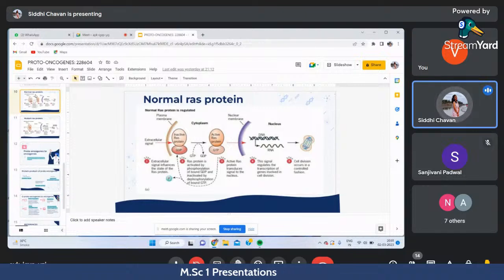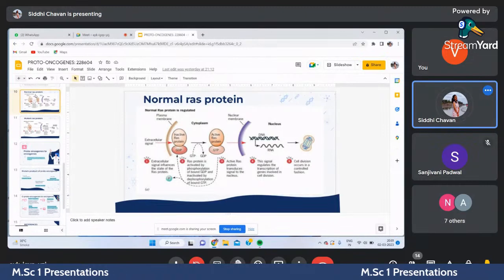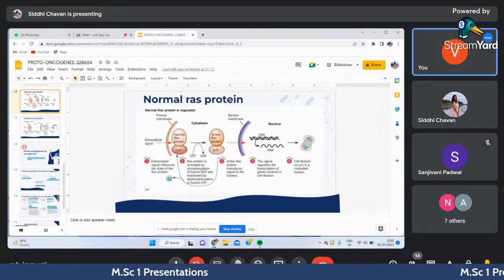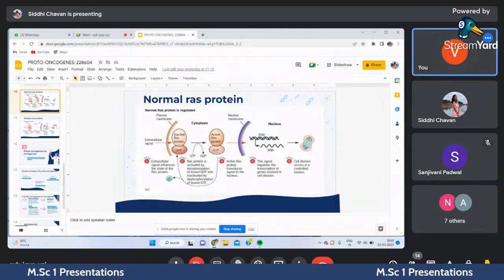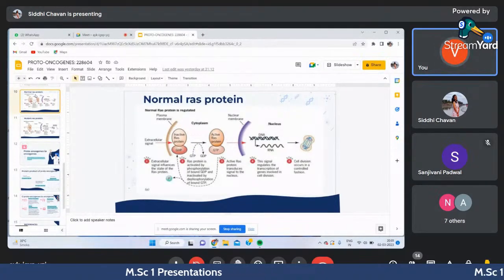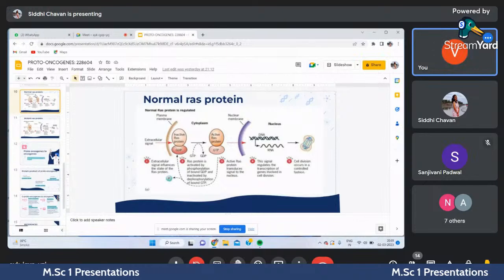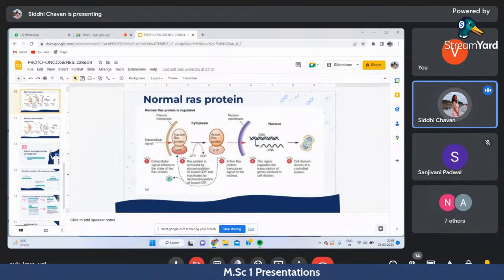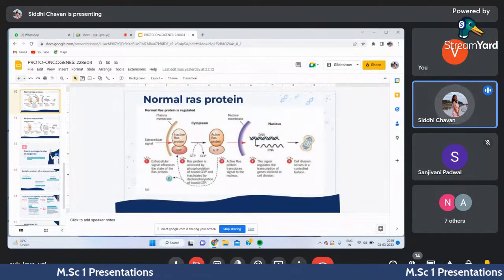Which enzyme? So I have no idea. Proto-oncogenes, I think it's dominant, sir.